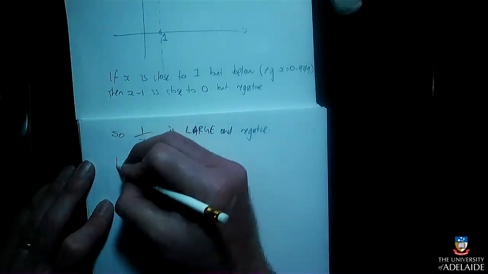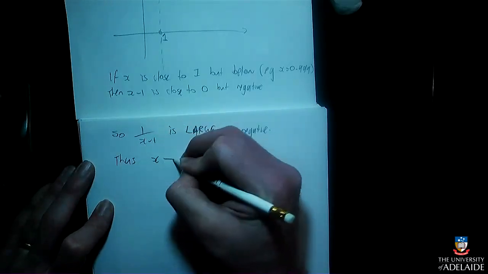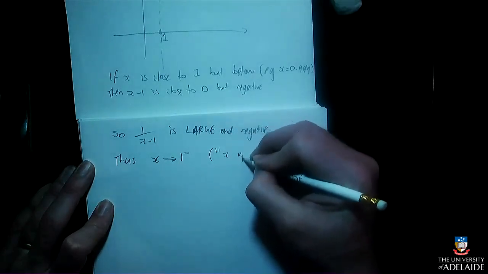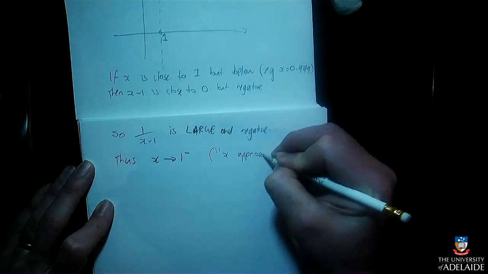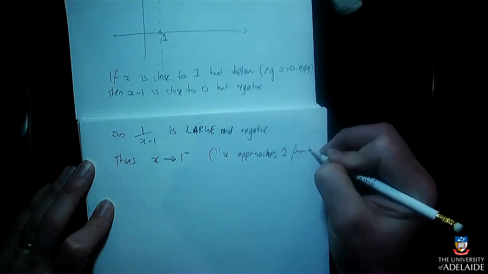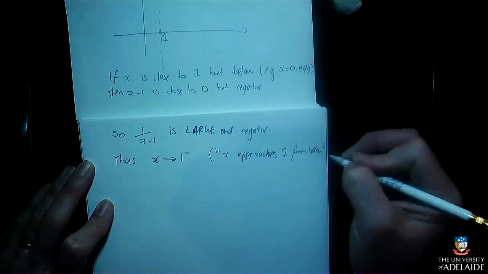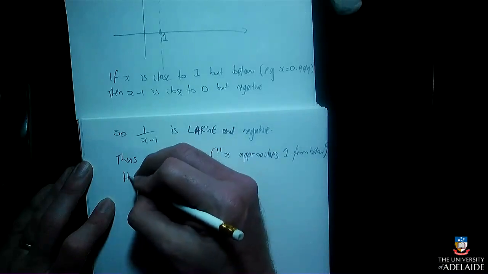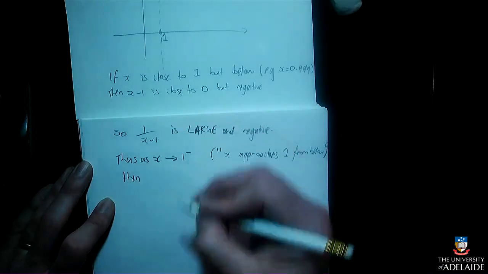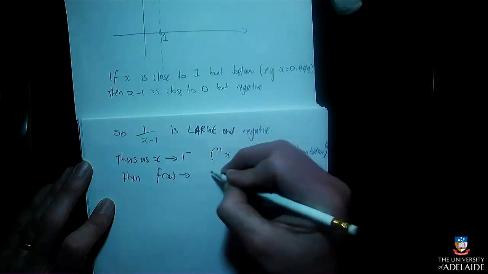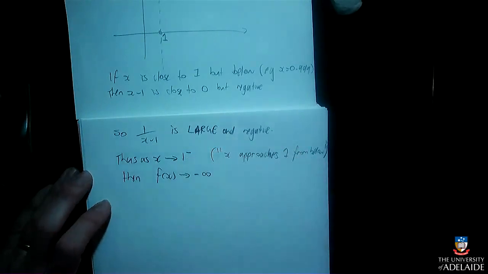So a short way to say what I'm about to say is thus: if x goes to 1 from below, or the official word is approaches 1 from below, as x approaches 1 from below, then f of x will go to large negative, so negative infinity.